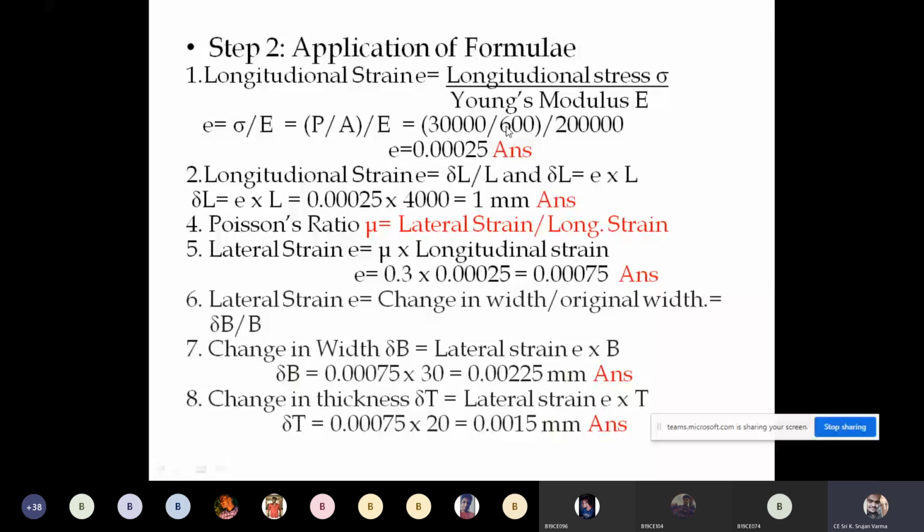So I got the longitudinal strain as 0.00025. Now longitudinal strain, we have a formula delta L divided by L. So from this, delta L, change in length, can be either increase in length or decrease in length. Delta L is equal to small e multiplied by L.